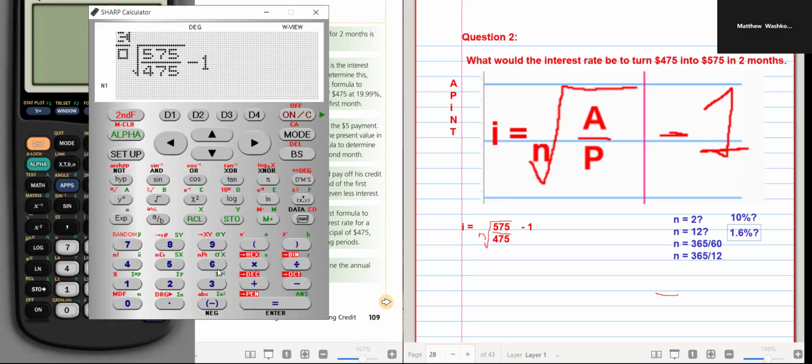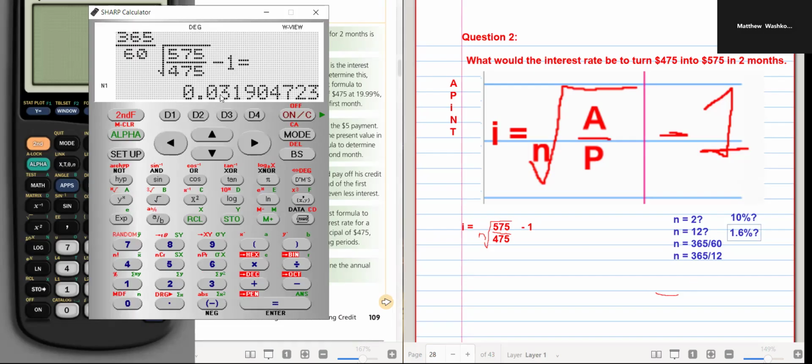So maybe we'll try 365 divided by 60. That's 3.19%? Maybe? What if it's this divided by 12 instead? Oops. Oh, so what is this possibly going to be?